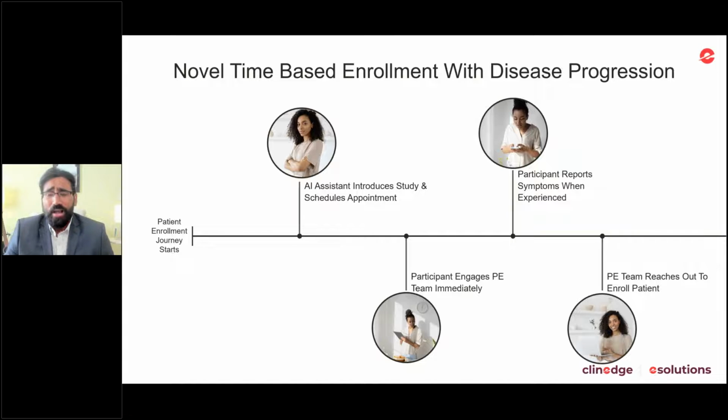And then once it's right, a patient engagement team can roll out and start to engage and enroll the patient again. As you can see, the virtual assistant, the AI assistant or chatbot works hand in hand with patient engagement teams to create novel engagements that have never existed before and allow for advanced clinical research enrollment strategies.